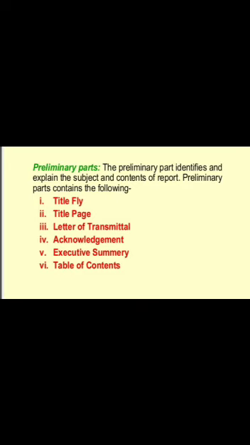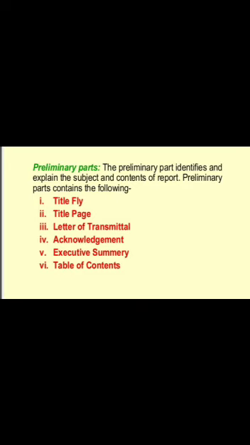Title is meant to say for what concept you are giving a solution, and the title page clearly explains who you are and for whom you are doing that research report. The letter shows which concerned authority is accepting that particular research. Acknowledgement is a document for thanks and regards to the people who helped you to do that particular research.